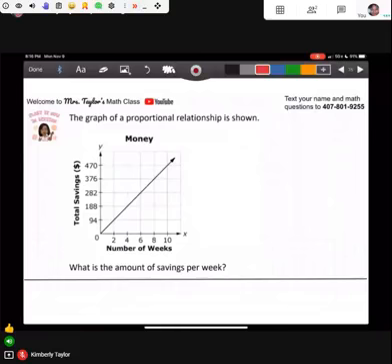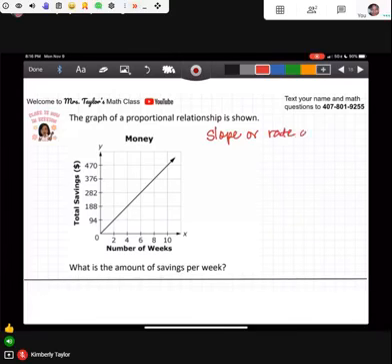Okay, so it says here, the graph of a proportional relationship is shown. It says, what is the amount of savings per week? So this is talking about or referring to slope. We call it slope, or we could call it rate of change.